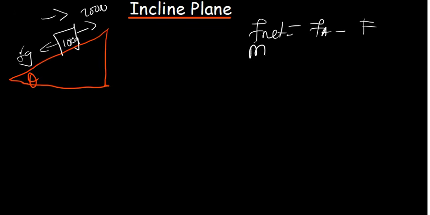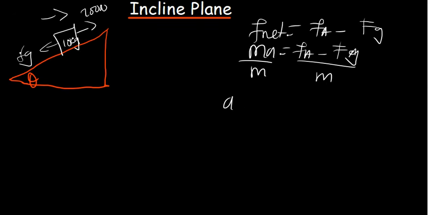So this one is going to be ma is equal to the applied force minus the Fg. Sorry, this one is supposed to be Fg. So we can divide by m, and the acceleration is going to be, the applied force is 200. But what is Fg? Fg is always mg sine theta, over the mass.